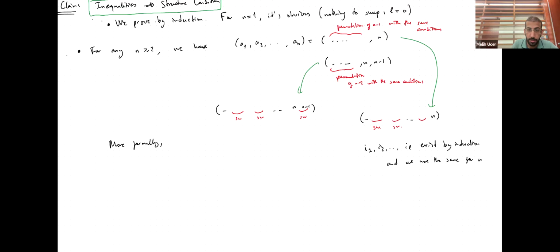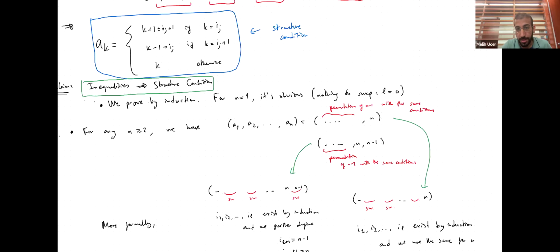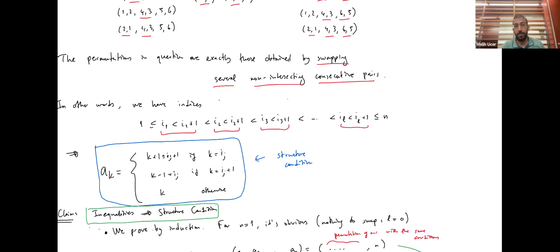In this case, I1, I2, ..., IL again exist by induction, and we further define IL plus 1 equals n minus 1, obviously, because defining an IL is defining a swap.